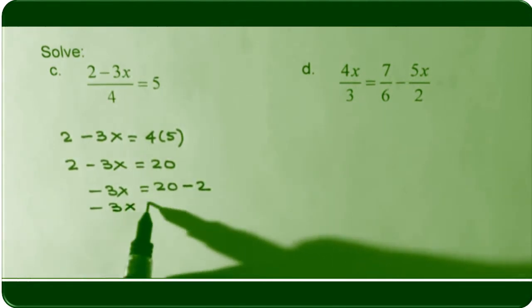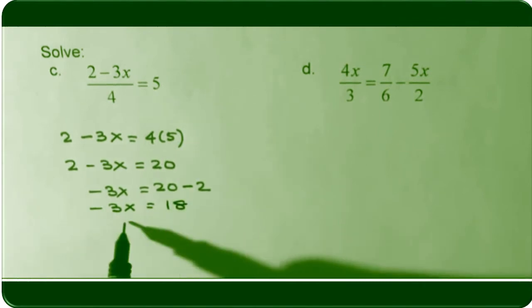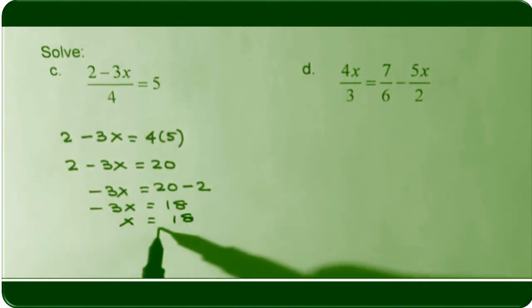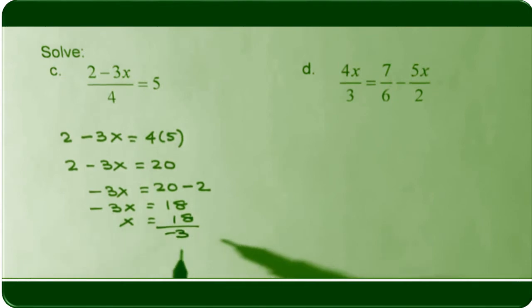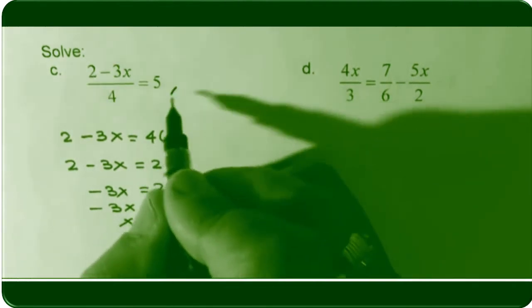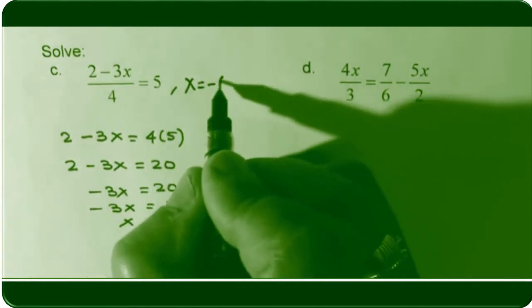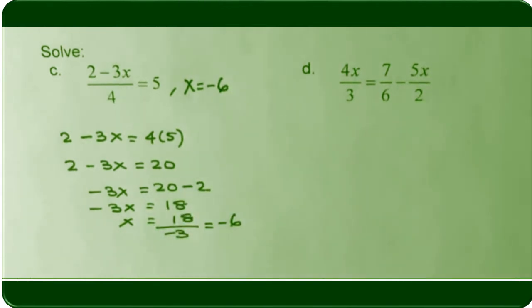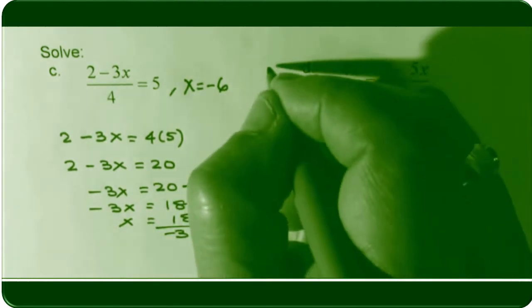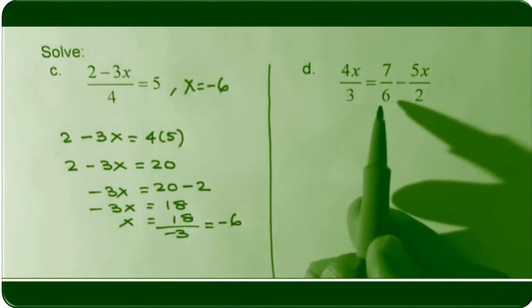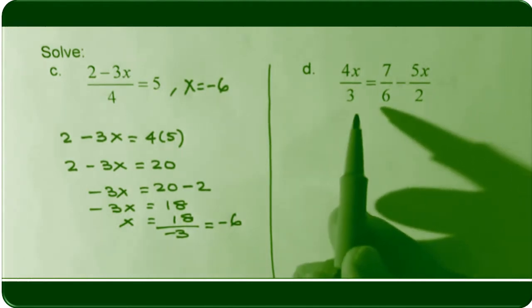So minus 3x is equal to 18. x is 18 divided by minus 3, which is minus 6. So we get x equals minus 6. Perfect. Next one.